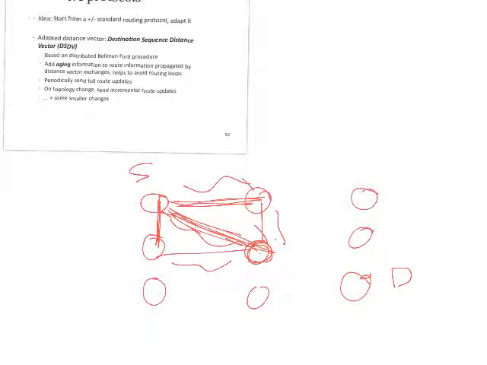For a particular node, it receives the distance from here and from here and from here, right? And this distance is gonna be an accumulated distance. So the node simply says, I'm going to select the path that gives me the minimum accumulated distance. And that's what we mean by distance.